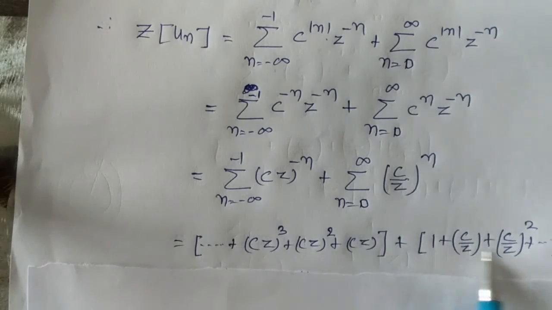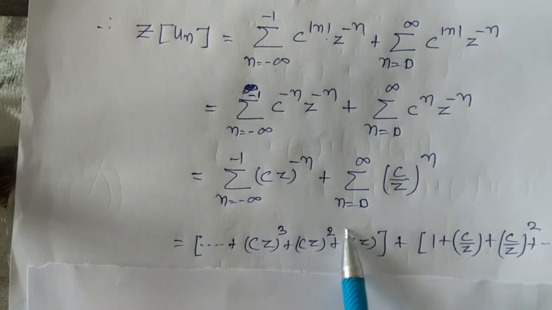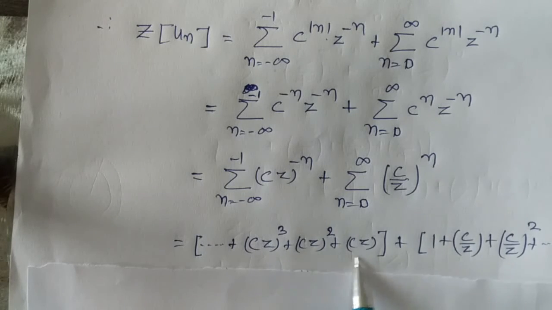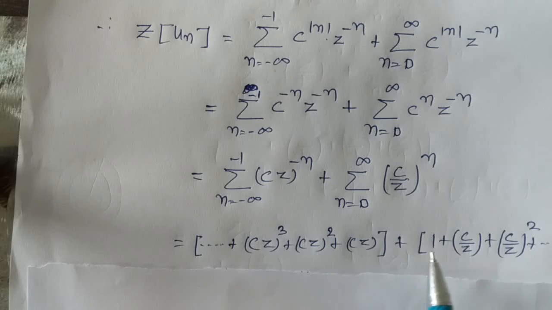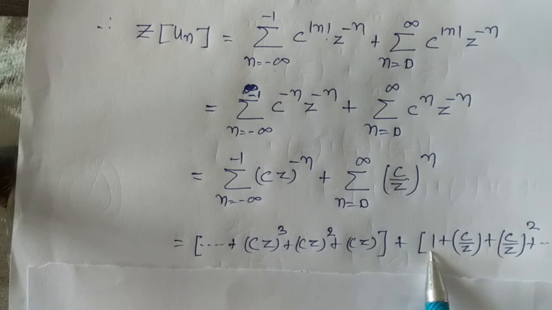These two series are geometric series. The first series is a geometric series with first term cz, and the common ratio is also cz. For the second series, the first term is 1 and the common ratio is c by z.